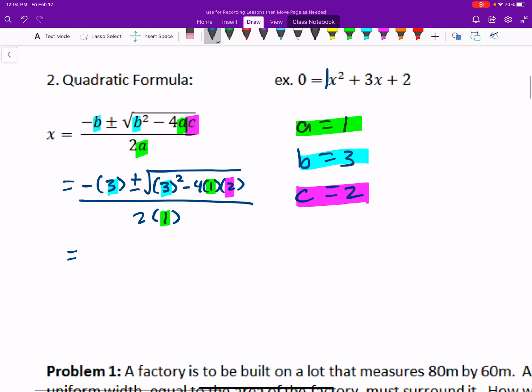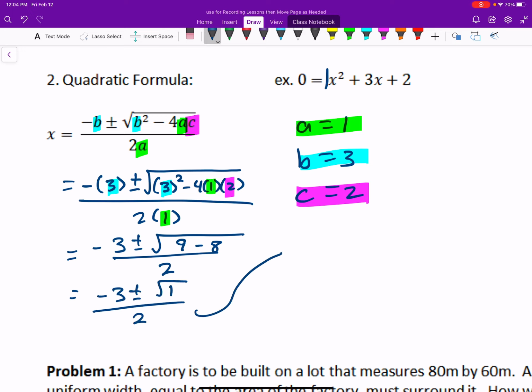So when I take off the brackets and start simplifying, I have -3 plus or minus the square root of, well, 3 squared is 9, minus 4 times 2 is 8. So it's going to be 9 minus 8, which will be 1. And 2 times 1 is just 2. So -3 plus or minus the square root of 1 over 2, which is -3 plus or minus 1 over 2. So I'm going to have two different things.